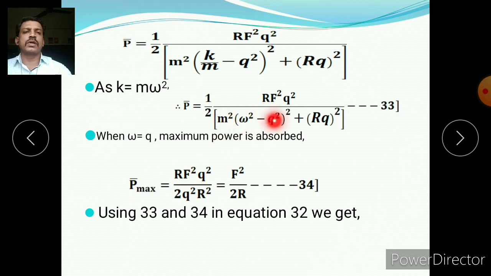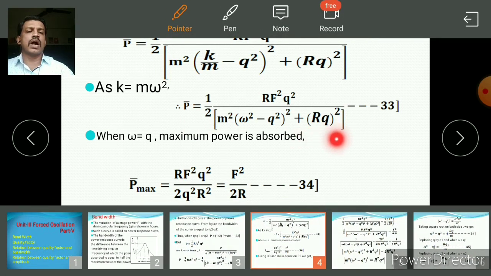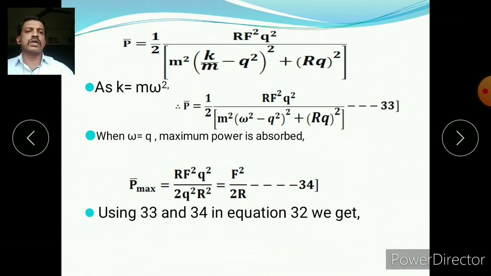Therefore maximum power P max equals half R F square Q square. This whole term becomes 0 if omega equals Q, and in the denominator we get [R Q] square, or 2 Q square R square. So Q square cancels, one R cancels, and we get F square upon 2R. This is our equation number 34.